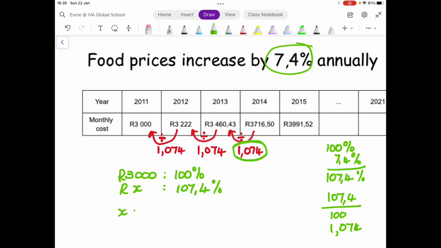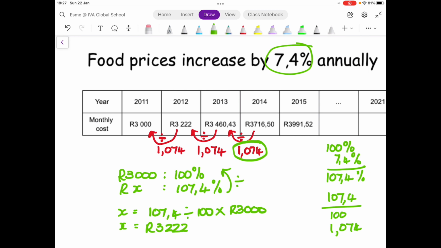So x equals, I go to the place where I've got two values, I divide up, so 107.4 divided by 100 times down times 3,000. And if I put that in my calculator, I will get 3,222.